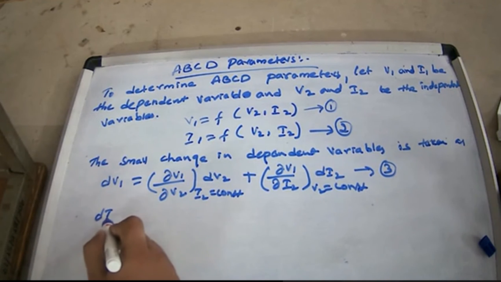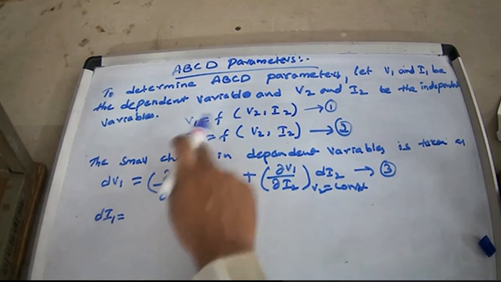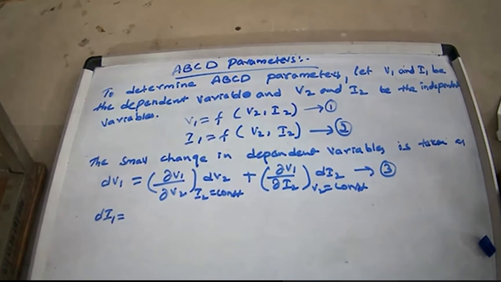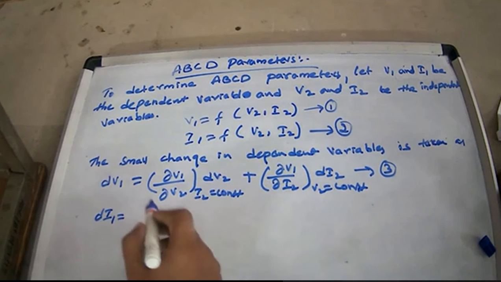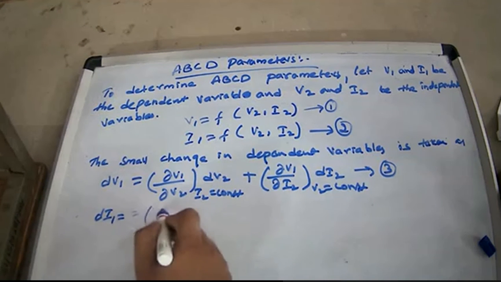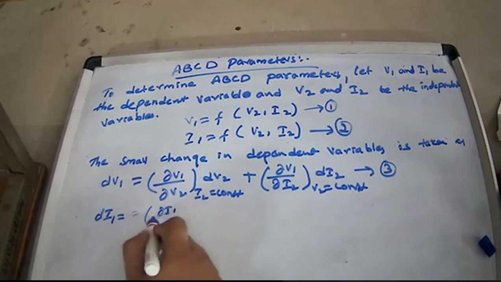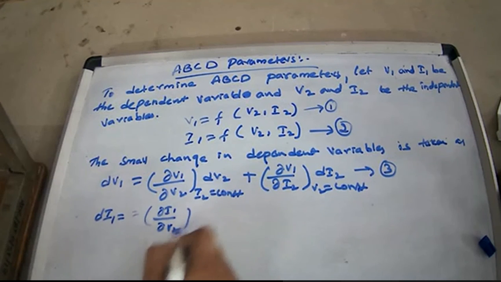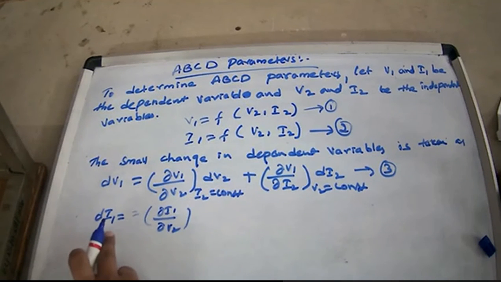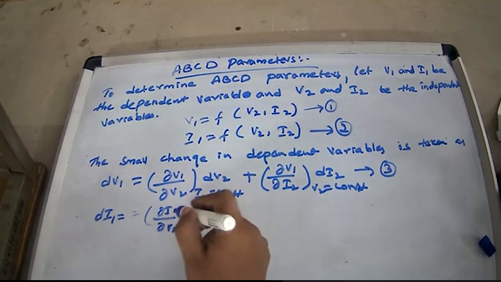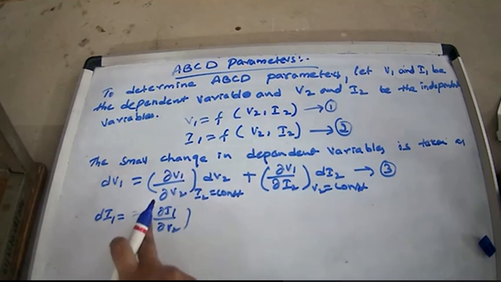Similarly, let's write for equation 2. dI1 is equal to dou I1 by dou V2. As we are writing for I1, we will write the numerator as I1 only.